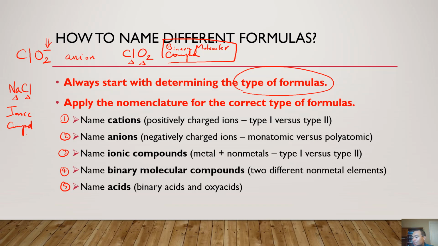What if I have something like this? H2SO4. Apparently that's a compound and it's not ionic. It's not a binary molecule either. So what is this thing? You notice that this one starts with hydrogen, so that is actually an acid. That's number 5.